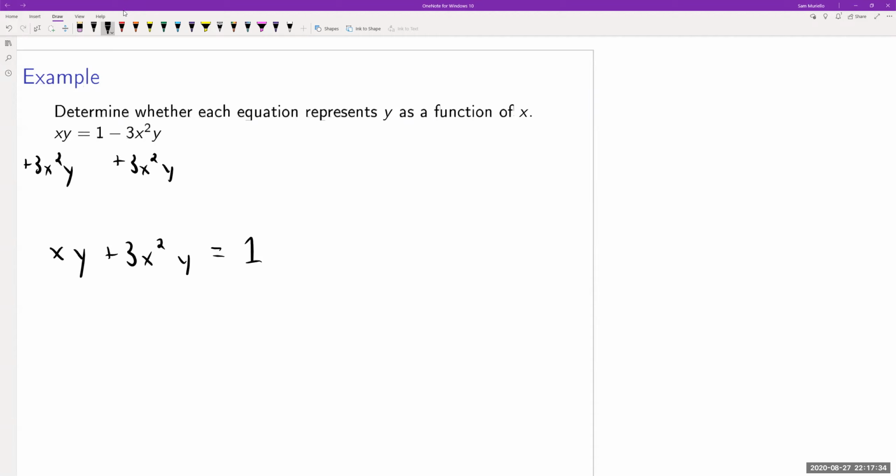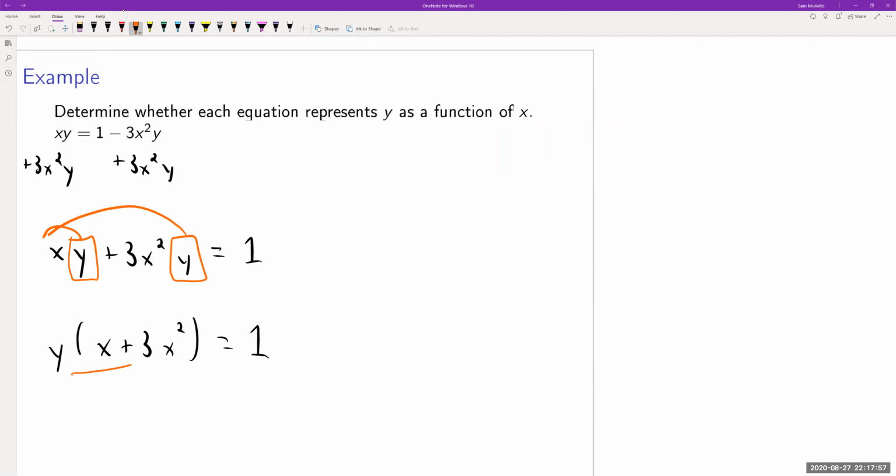Now, you might see what the next step is. I've got y multiplied by x here, and y multiplied by 3x squared here. That means that I can pull a y out, basically doing the distributive property backwards, factoring y out to obtain x plus 3x squared. And now it's clear how we should solve for y. By dividing this extra stuff over, I get y by itself.